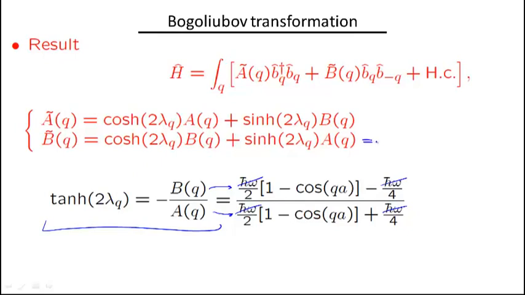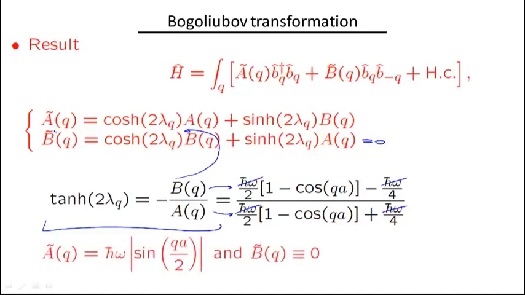So this guy is 0 as we wanted it to be. But now this guy is determined by lambda, and we do know lambda, so we simply can plug it in here. Once everything is said and done, you have an explicit expression for this A tilde of q, which becomes, at the end of the day, surprisingly simple.